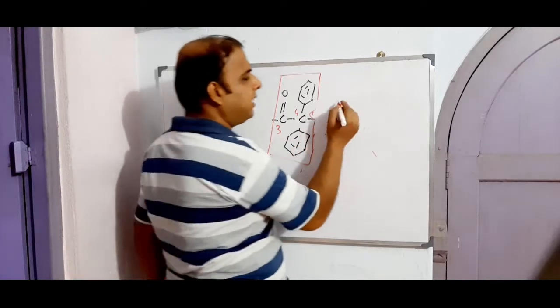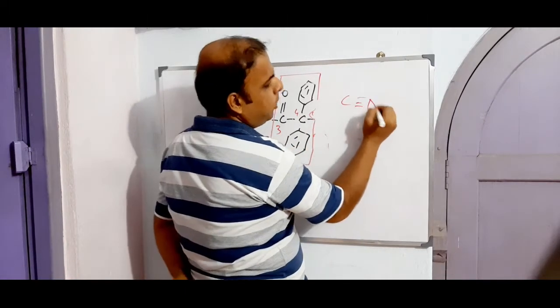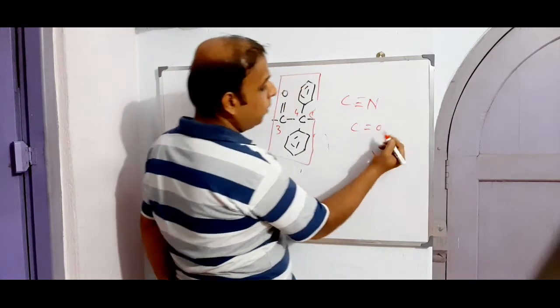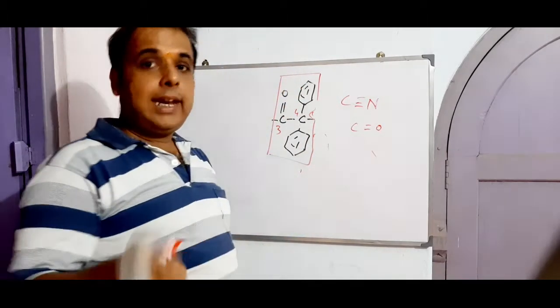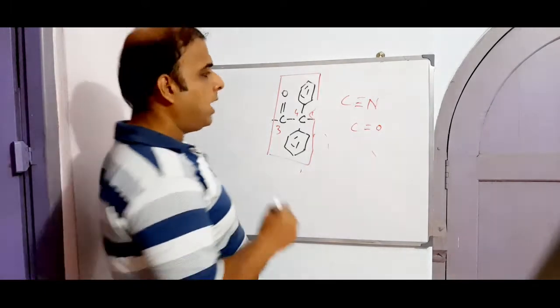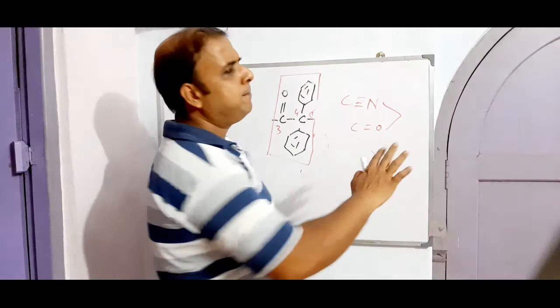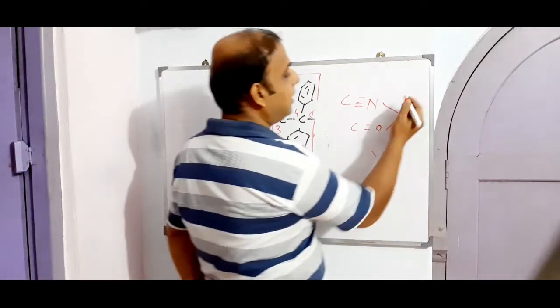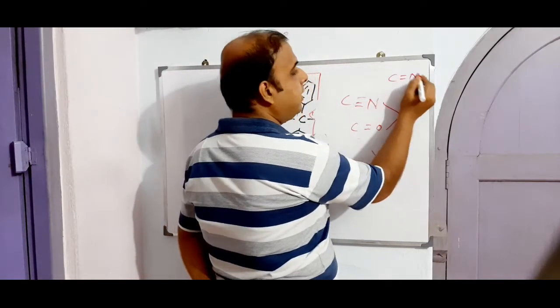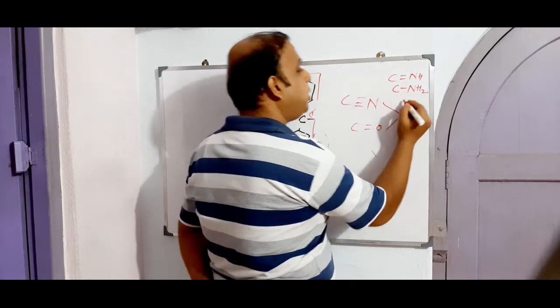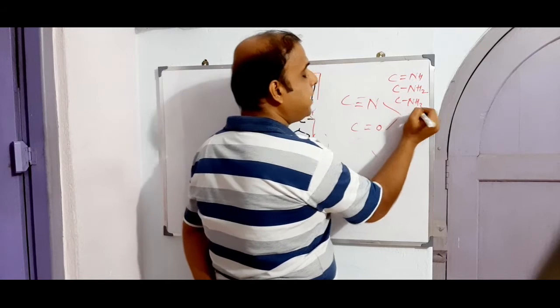We all know there is a process by which we can convert C triple bond N into C double bond O. How can this be converted? We all know the simple mechanism, right? Initially the protonation leads to the imine. The imine will further get converted to the amine, and the same amine will get converted to NH3, right?